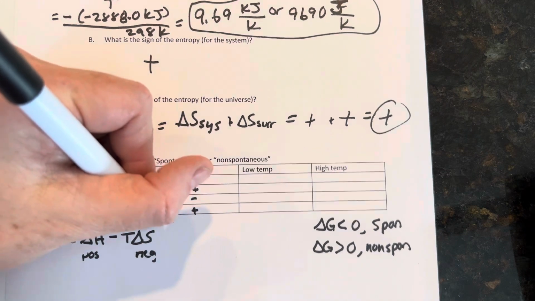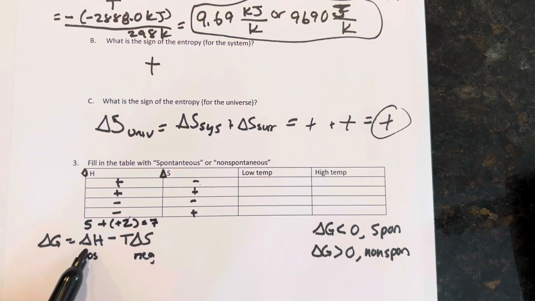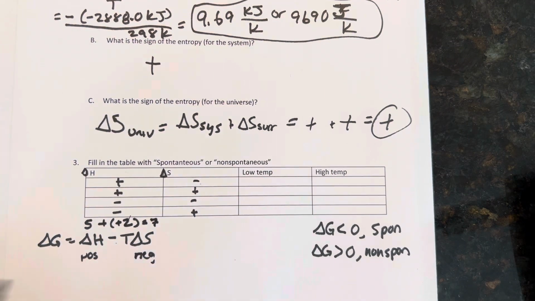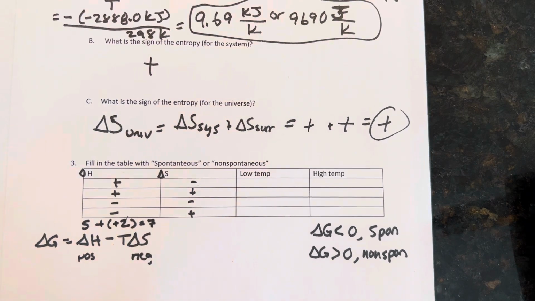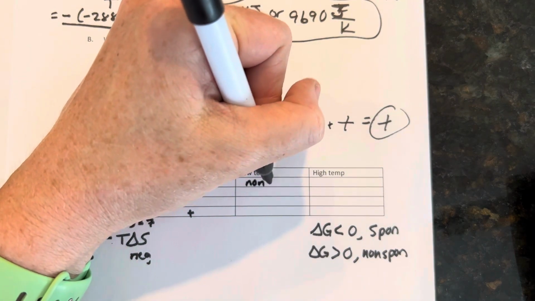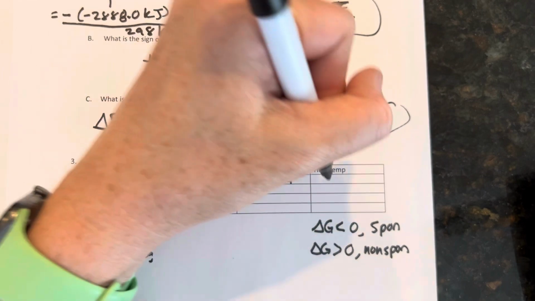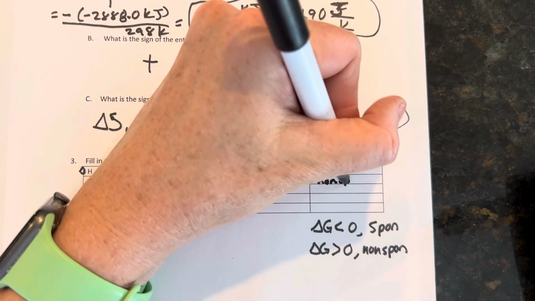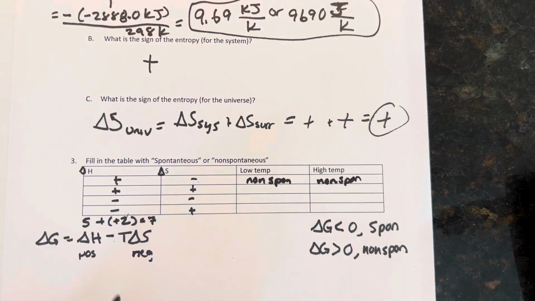So you get 7, you get a bigger number. Anytime you have something positive and you subtract something that's negative, you're going to get a bigger positive number, no matter what. And that's why we're talking about this delta G right there, which tells us this has to be non-spontaneous at any temperature. It doesn't matter if you're subtracting a big negative number or a small negative number, no matter what, you're going to get an answer that's going to be positive.